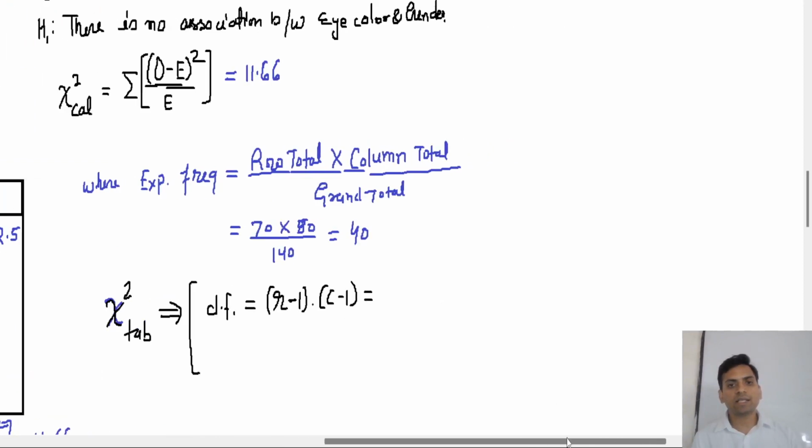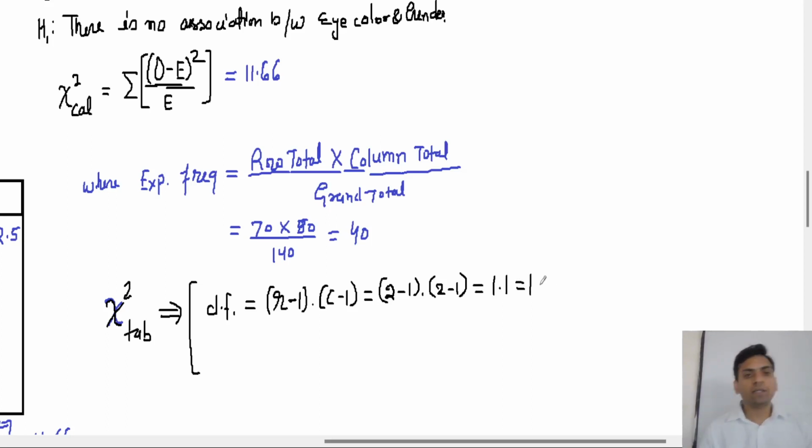So this is 2 minus 1 into 2 minus 1, so 1 into 1 equals 1. Clear? So degree of freedom is 1. And level of significance for this question is again 5%, which equals 0.05. So we have degree of freedom 1 and level of significance 0.05.